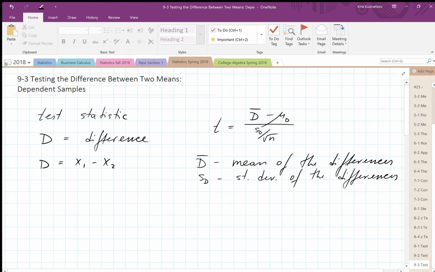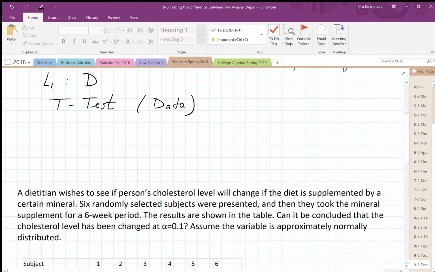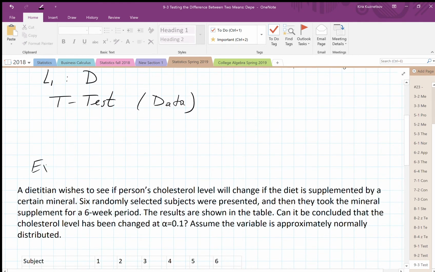Because we will create an L1 that will reflect that D, what we're doing is running a one sample t-test. It's a simple t-test. So why don't we take a look at the first example that is in the book.